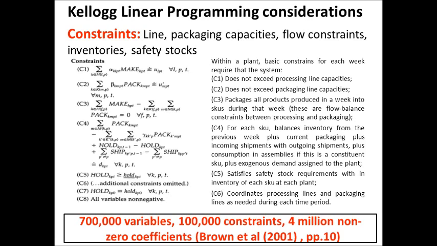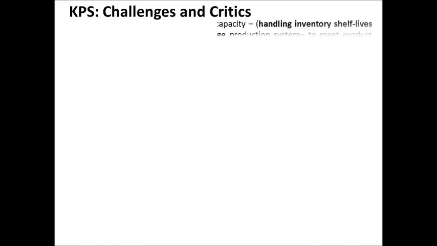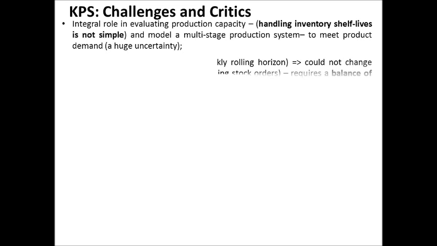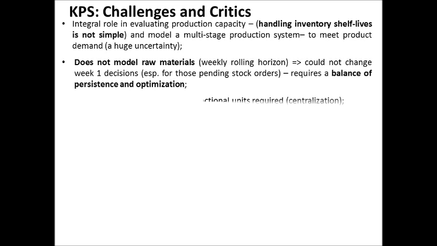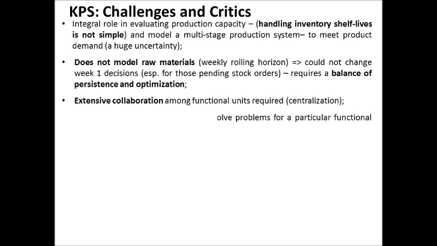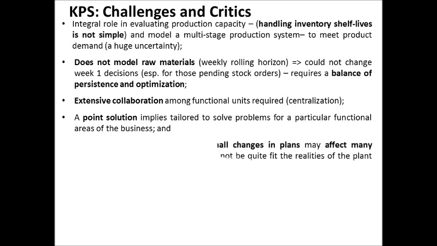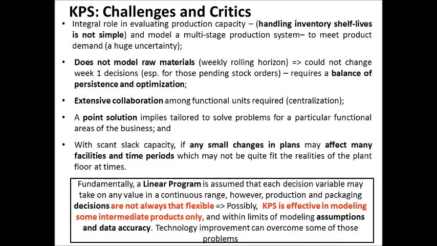So moving on to the next slide, which covers the difficulties in developing this KPS optimization model. These are the challenges and critiques that we have here. There is an integral role in evaluating production capacity by investigating the utilization of various processing lines, which are hard to model in production, inventory, and distribution systems that track the age of the inventory.